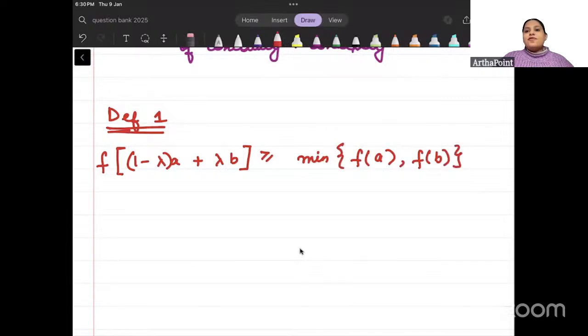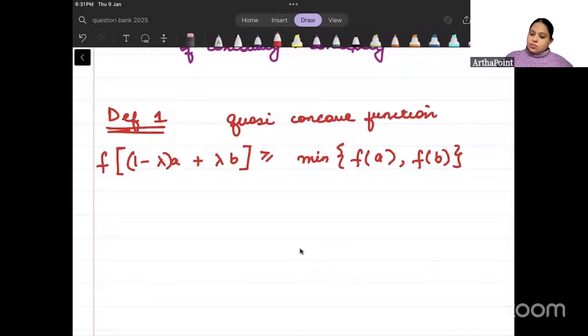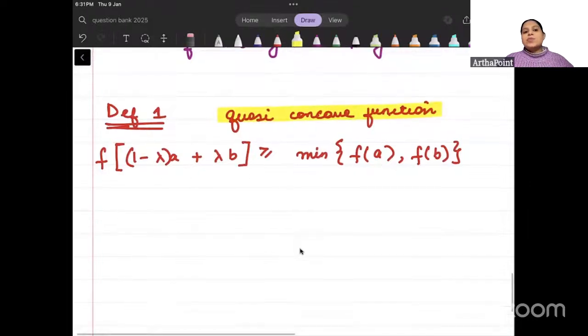If f of (1 minus lambda) a plus lambda b is greater than or equal to the min of this thing, then it is called a quasi-concave function.